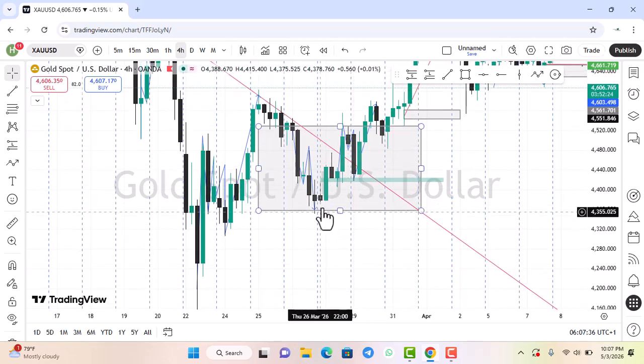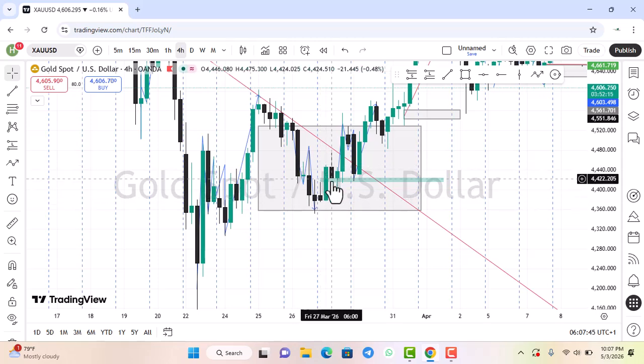Look at this, our order block here. First, we have a small candlestick, right? Then we have this long candlestick. So if you look at this long candlestick from this angle, you can see that this long candlestick covers the small candlestick here. That is what we call bullish engulfing.